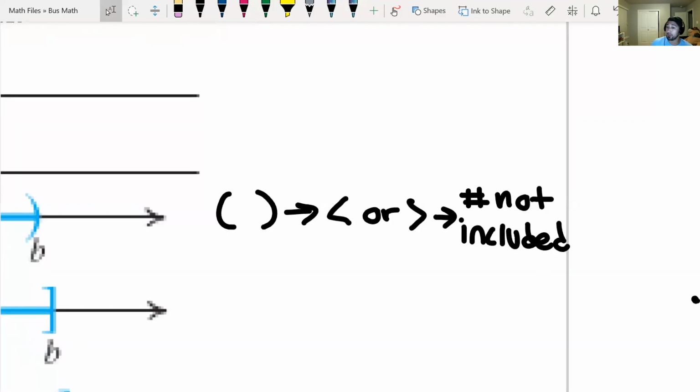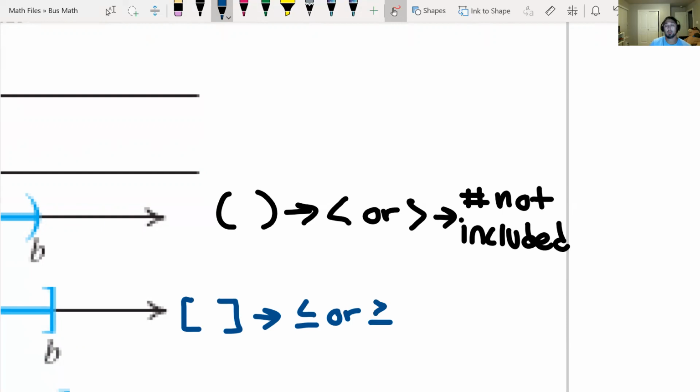Now, which means that if we move to the bracket, brackets mean less than or equal to, or greater than or equal to. And you got it right.